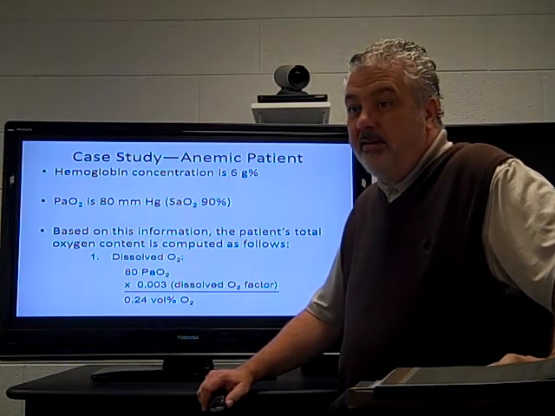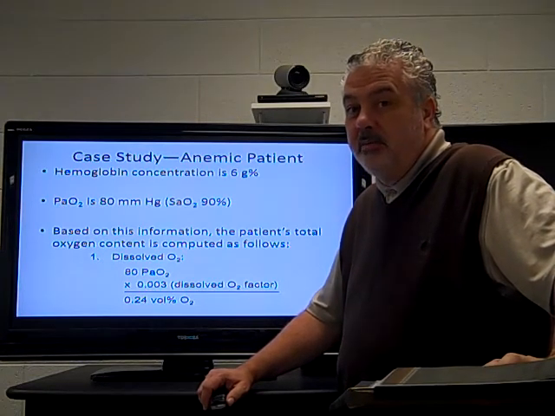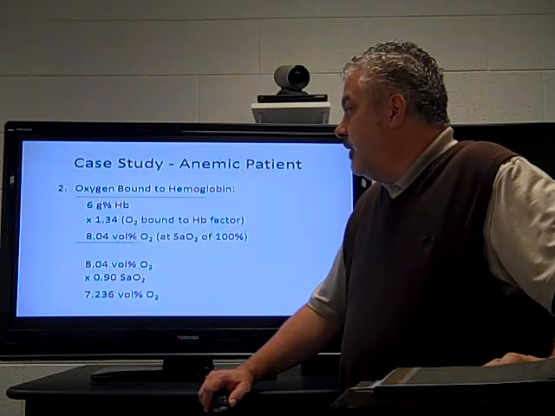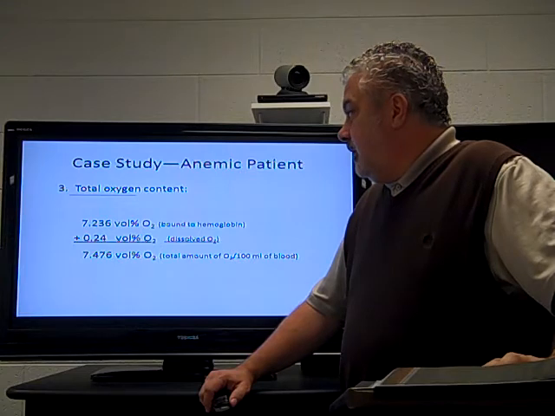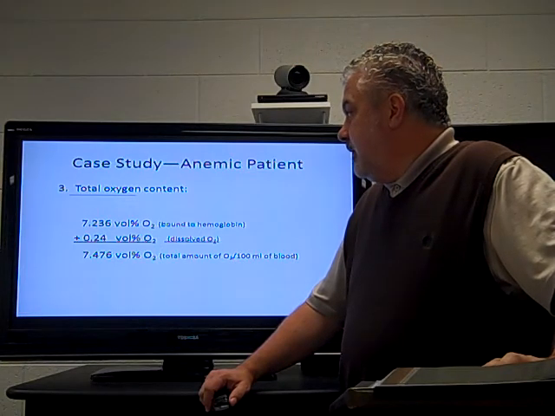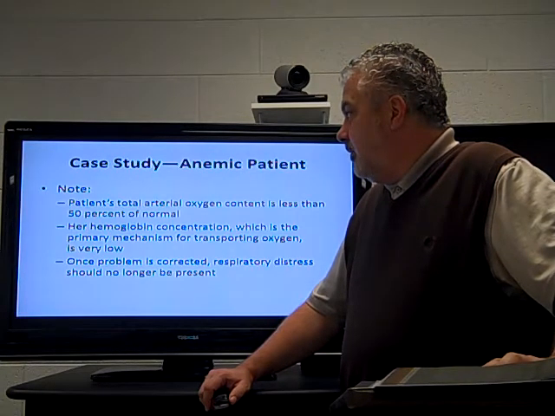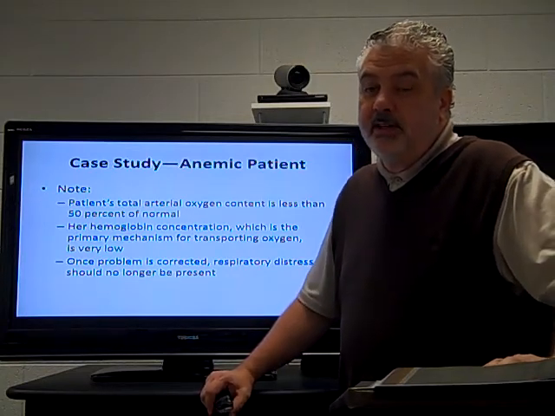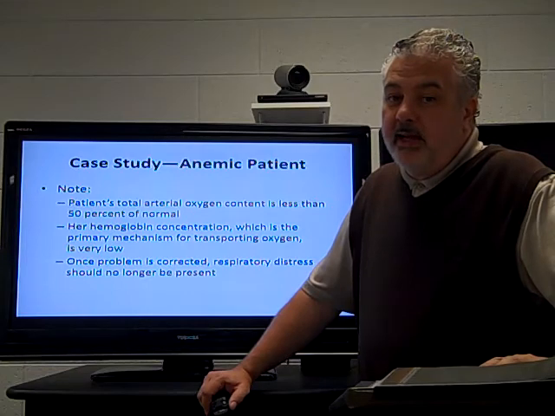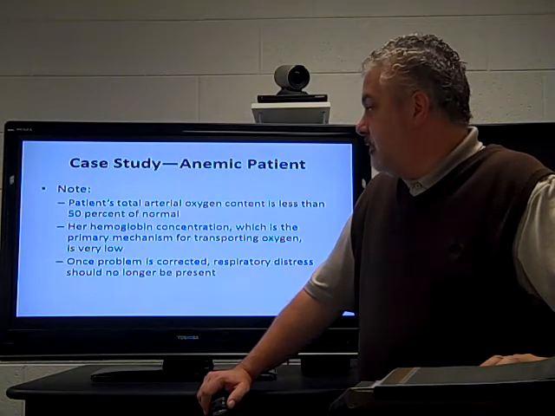That would be half of what a female hemoglobin needed to be. It's a critical number. When we do the math, the vol percent is very, very low, and what the patient is going to need from us is 100% oxygen to saturate what hemoglobin they have, and then eventually a transfusion.